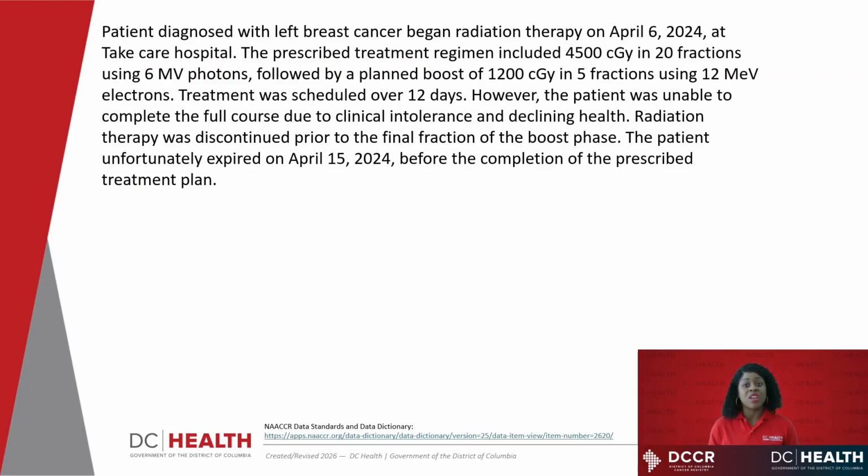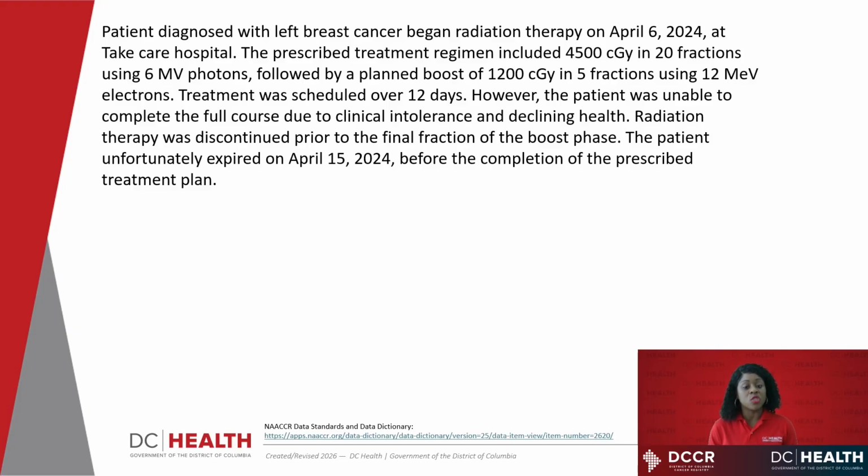Now let's walk through a radiation treatment case scenario and evaluate how accurately we can document the treatment details in the radiation text field. Patient diagnosed with left breast cancer began radiation therapy on April 6, 2024 at Take Care Hospital. The prescribed treatment regimen included 4,500 centigray and 20 fractions using 6 photons, followed by planned boosts of 1,200 centigray and 5 fractions using 12 electrons.